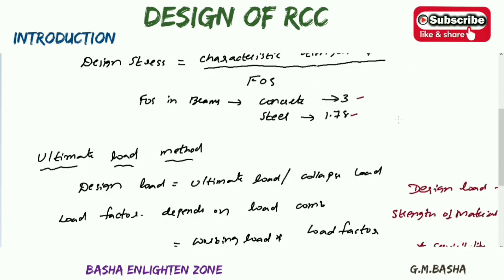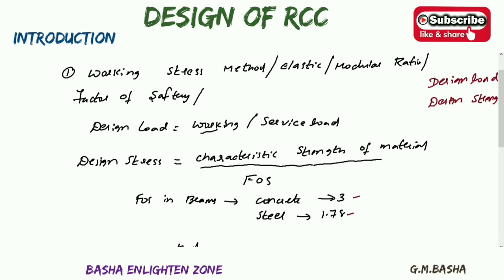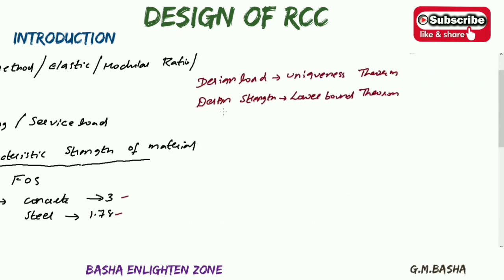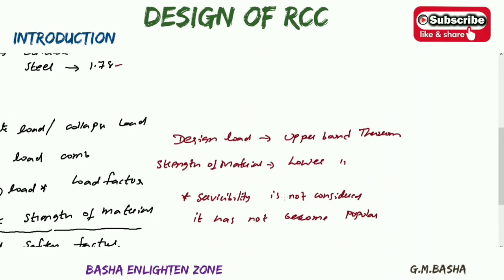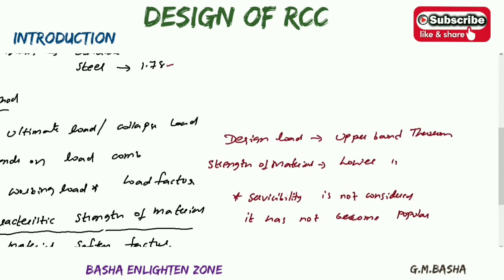And two more points we have to remember here. In the working stress method, design loads will be based on the uniqueness theorem and design strength will be based on the lower bound theorem. Coming to the ultimate load method, design load will be based on the upper bound theorem and strength of the material will be based on the lower bound theorem. Here serviceability is not considered, therefore this method has not become popular.